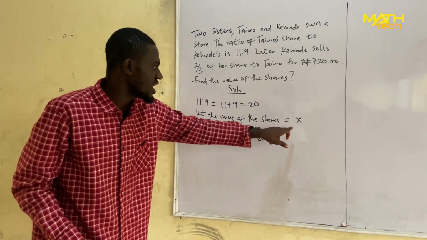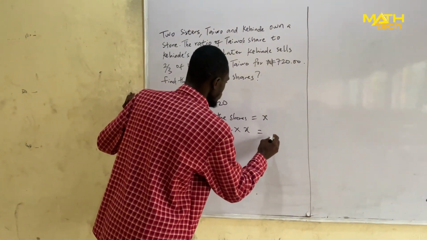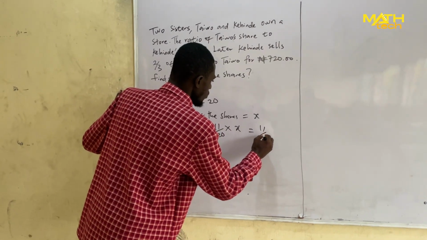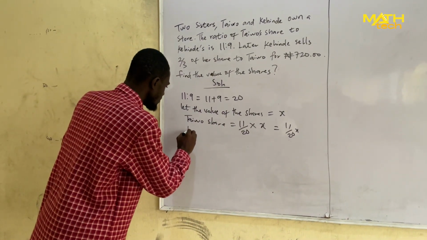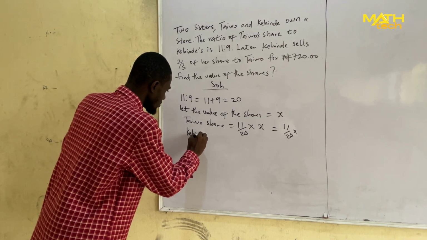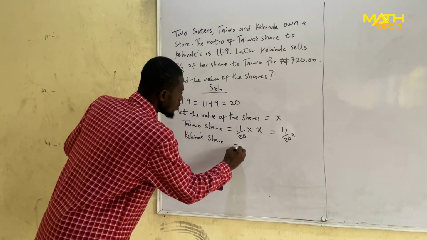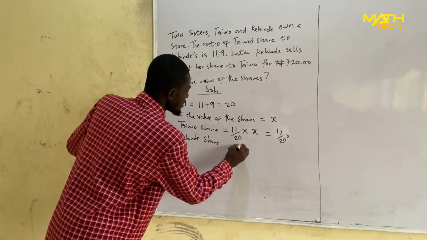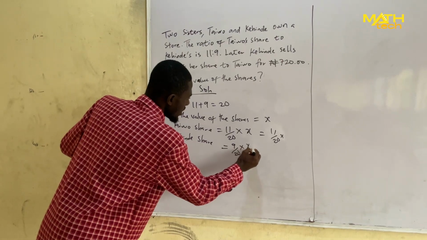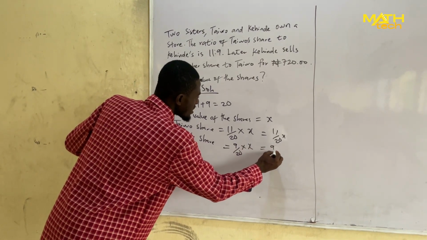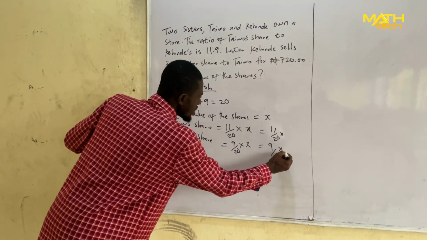So now we use Taiwo's share, which is 11, all over the total sum, that is 11/20, times the value of their shares, which is X. And here we'll have 11/20x. And for Kehinde's share, we'll have 9/20 times X, which is 9/20x.